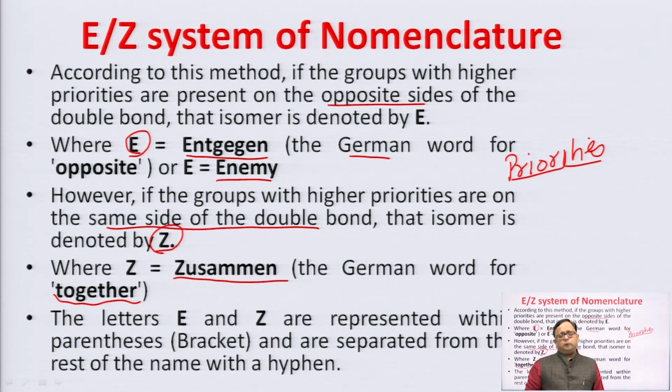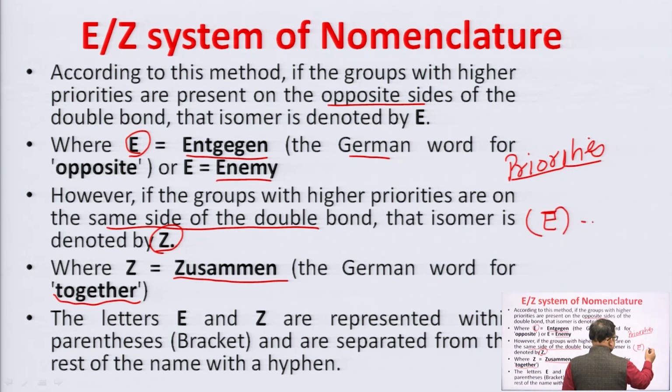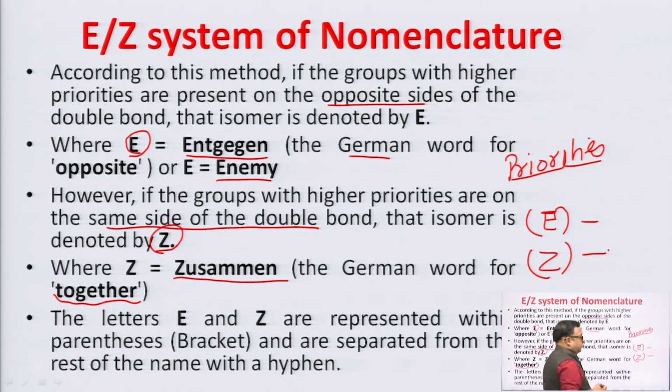If higher priority groups are present together on the same side, we call it Z. If they are present opposite to each other, we call it E, and both are represented in brackets and separated by a hyphen, like (E)-(Z). So, this is how we represent the EZ system of nomenclature.